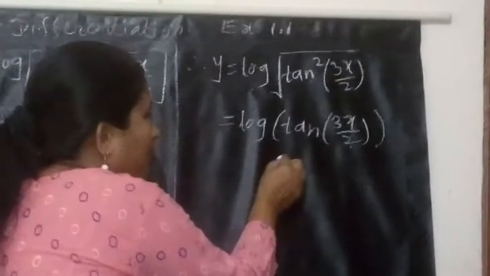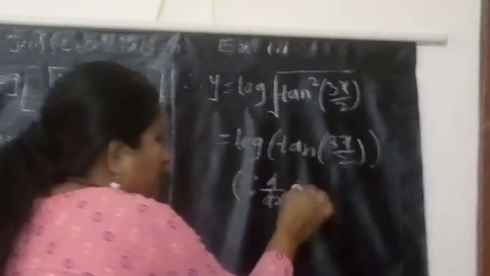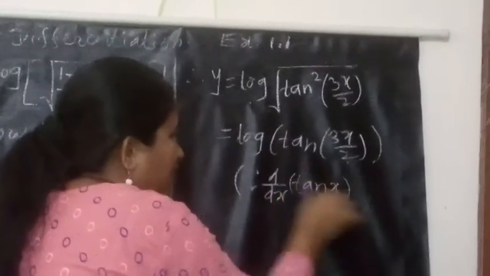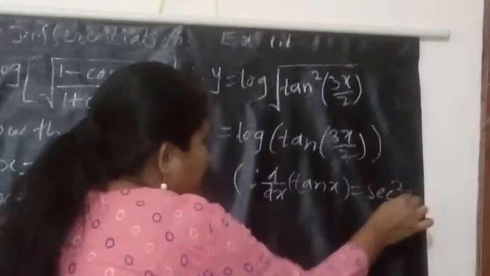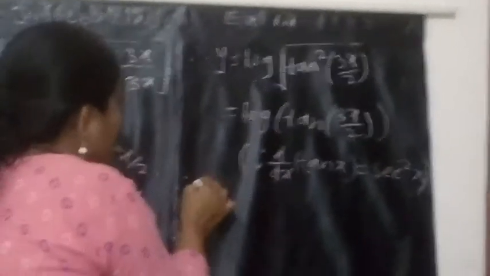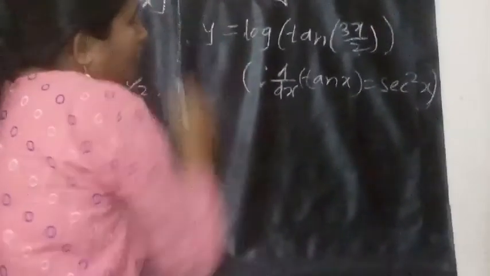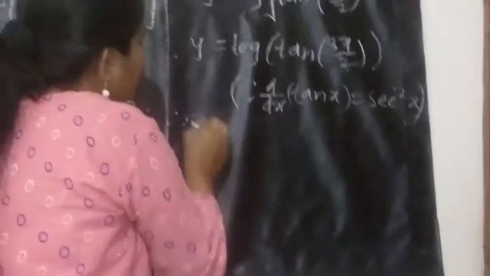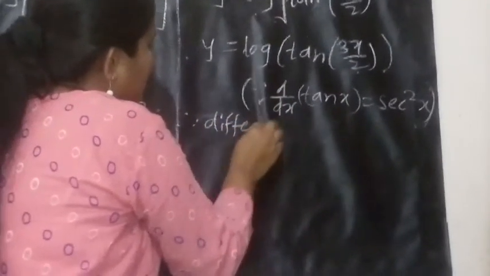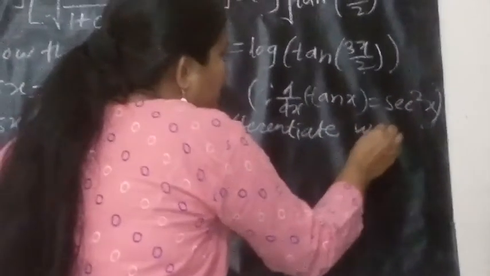But we know that the derivative of tan x is sec square x. Now here we have to differentiate y with respect to x.